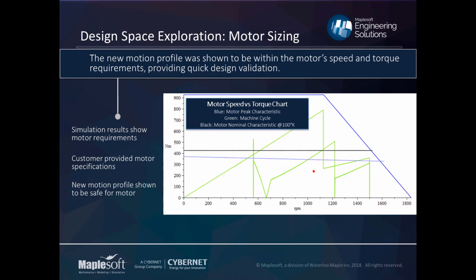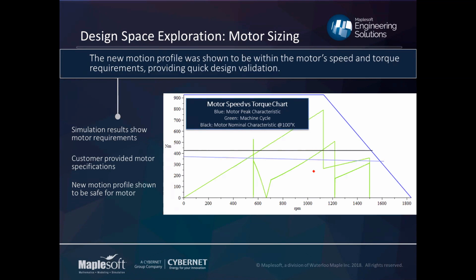The customer provided us with their intended motor that they wanted to use. The blue line on this chart is a speed-torque peak characteristic for that motor, which basically means if the actual requirements of every point in the duty cycle, that being the green line, fell outside of that blue region, that would mean that the requirements on the motor fell outside of what it's able to produce.